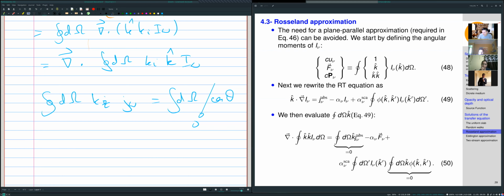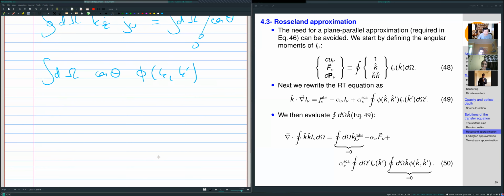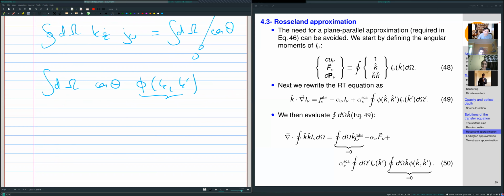So the product is odd, and when you integrate, it gives you 0. What I'm trying to say is that the integral of d omega times some direction, cos theta is a good example, times phi of k prime, is going to be 0 because this is even.